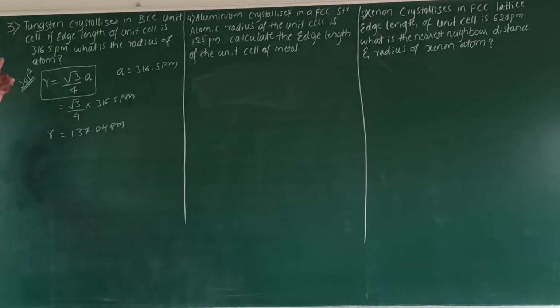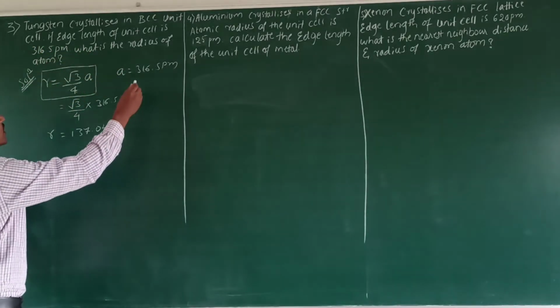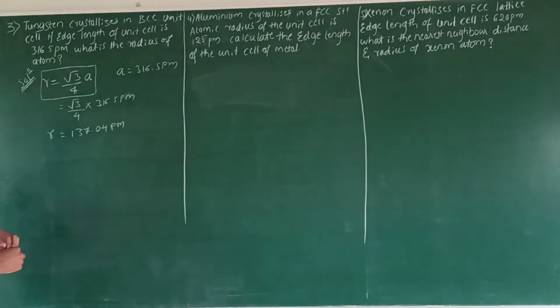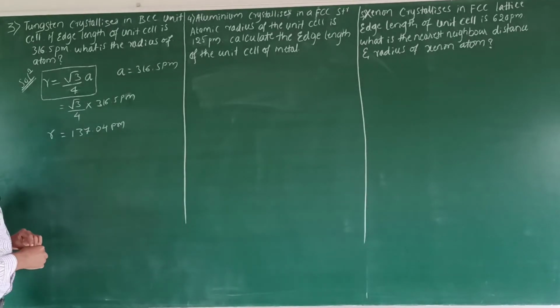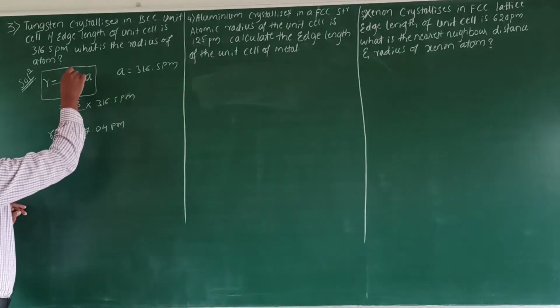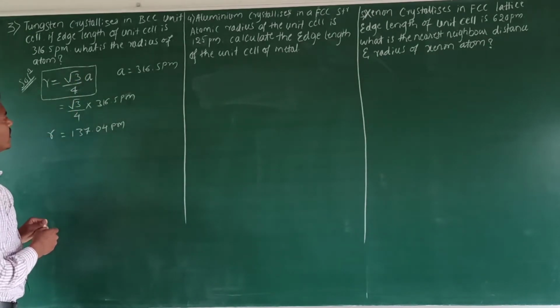Okay, I am repeating. Tungsten crystallizes in BCC unit cell. If the edge length of the unit cell is 316.5 picometer, what is the radius of the atom? The radius and edge length relation formula is radius is equal to root 3 by 4 into edge length.